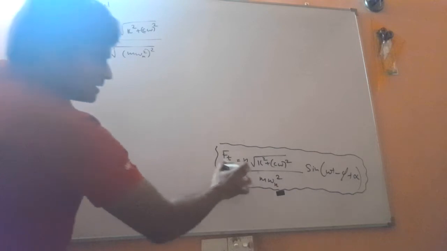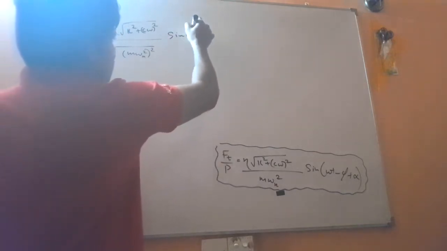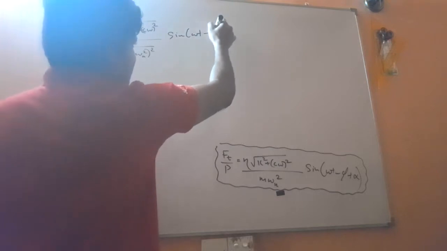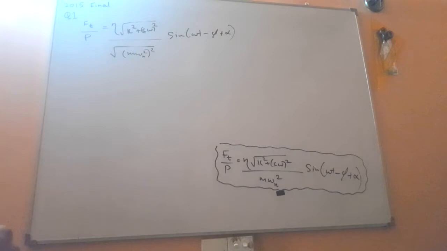So we can write like that. Okay, it's a trick. So then sine omega t minus phi plus alpha, so that sine part will be there.